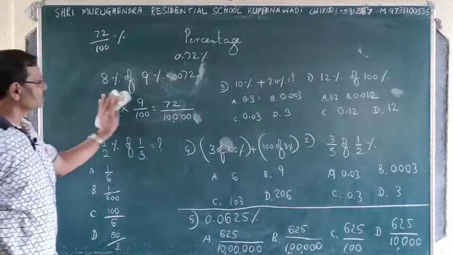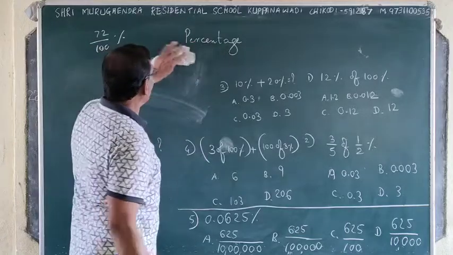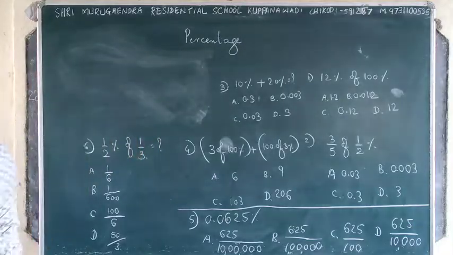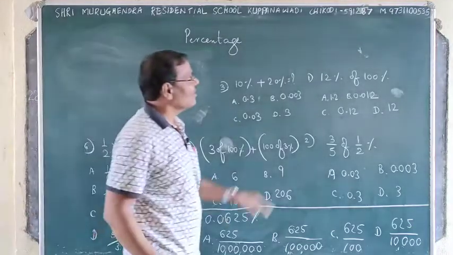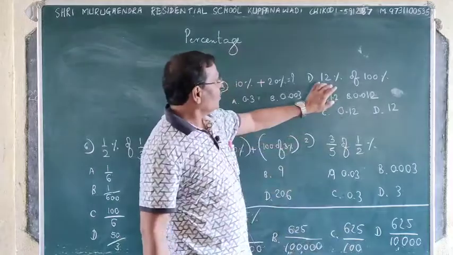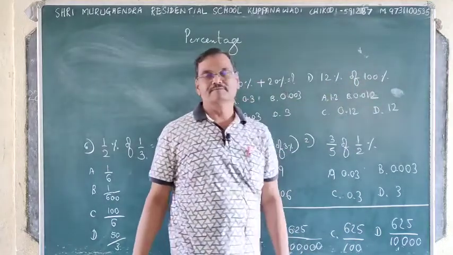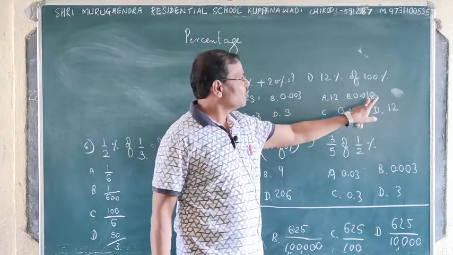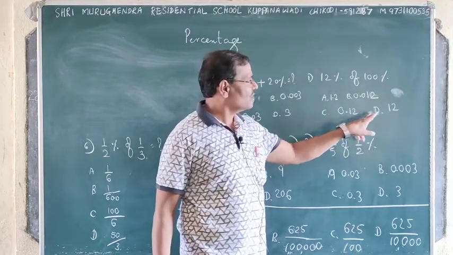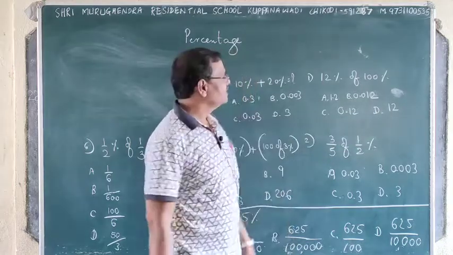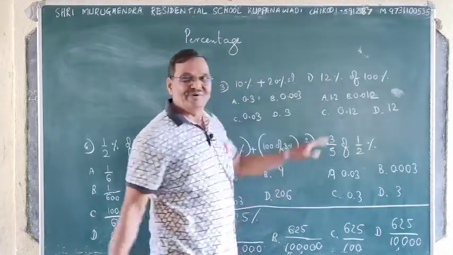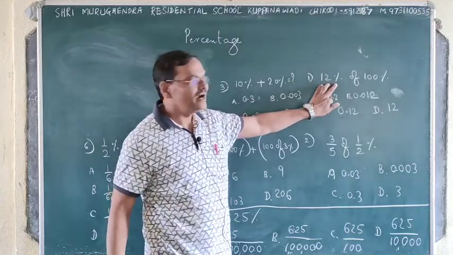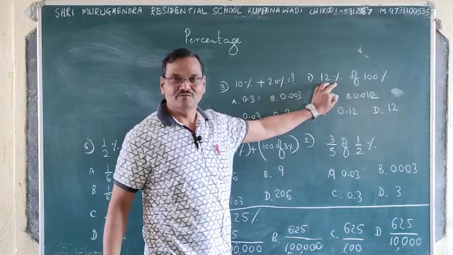So what tricks you have to use here, I am giving now. See, without chalk piece, without pen, how we have to solve. First one, 12% of 100%. Here answers are given: 1.2, 0.12, 1.12 and 12. See, this is 0.12.